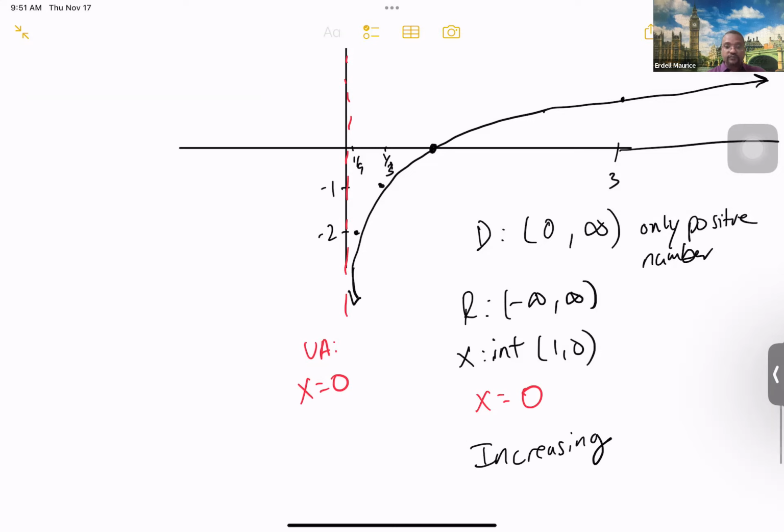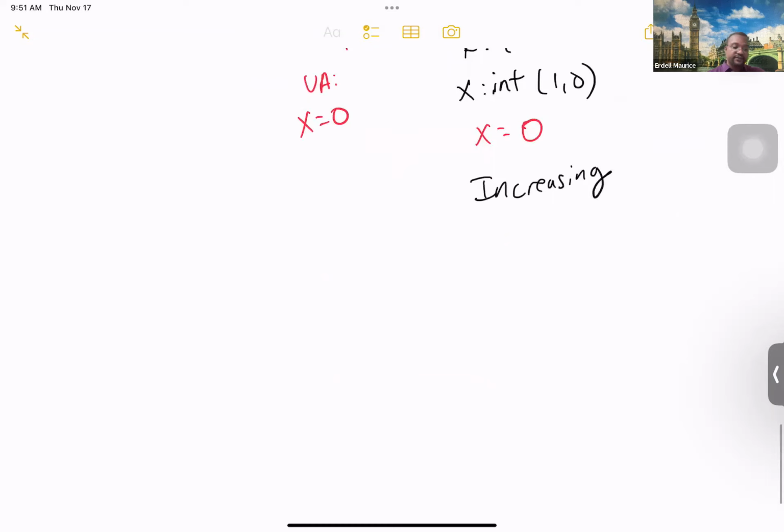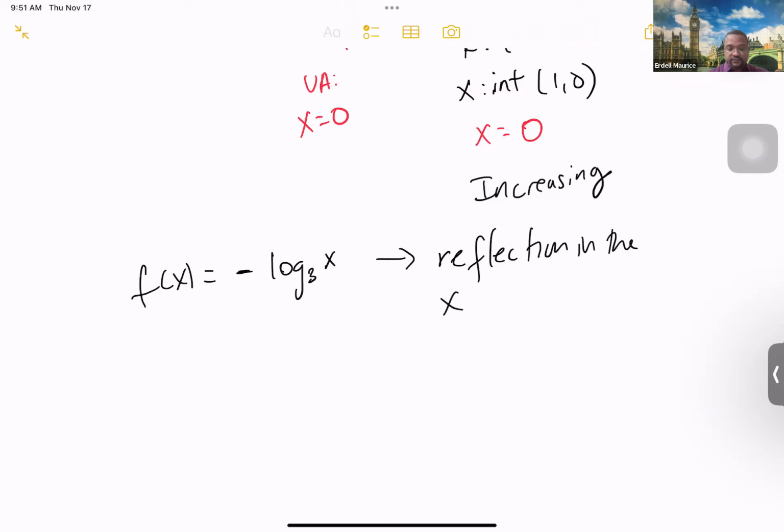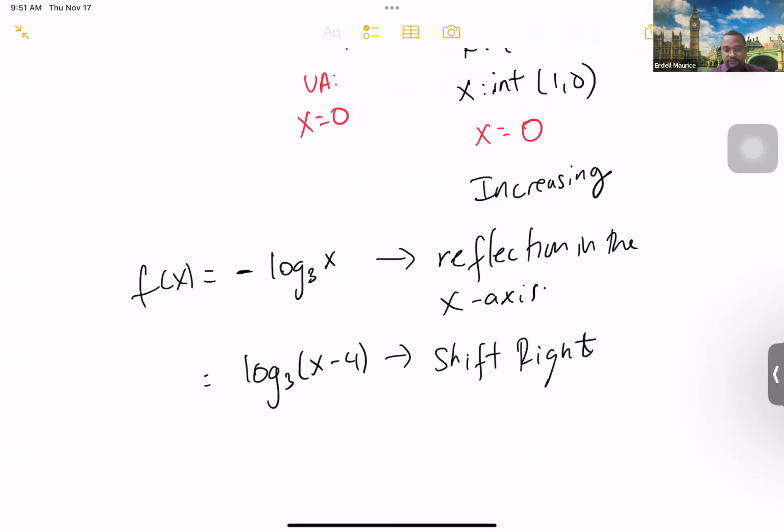All right. Do recall your basic transformations. If I have f of x equals negative, for example, log base 3 of x, this is simply a reflection in the x-axis. If it's equal to log base 3 of x minus 4, that's a shift to the right four units.